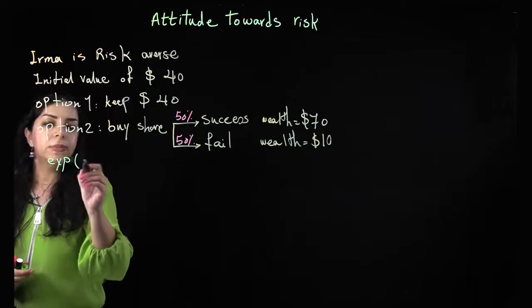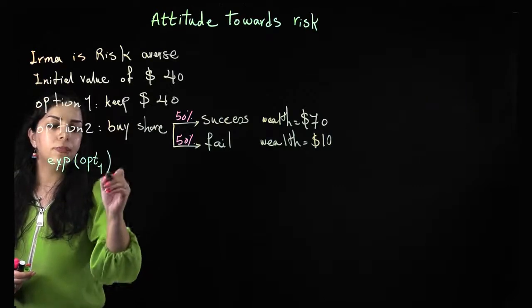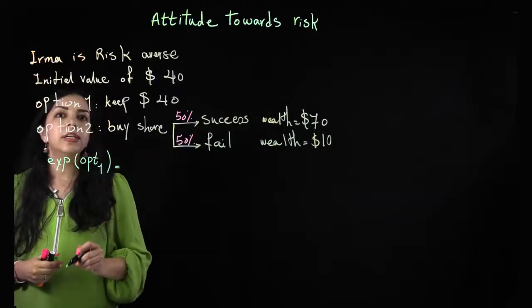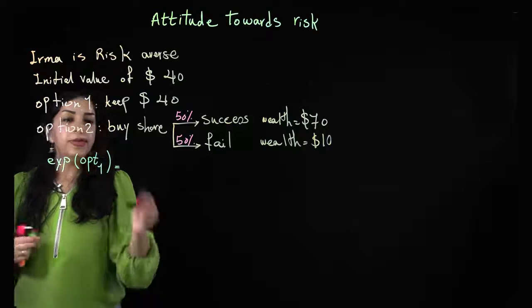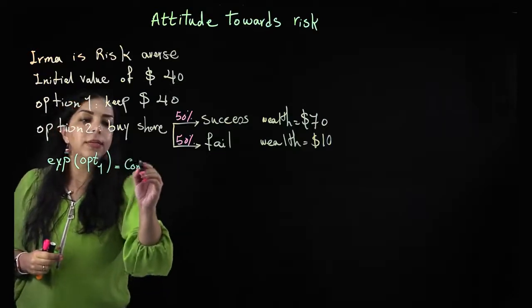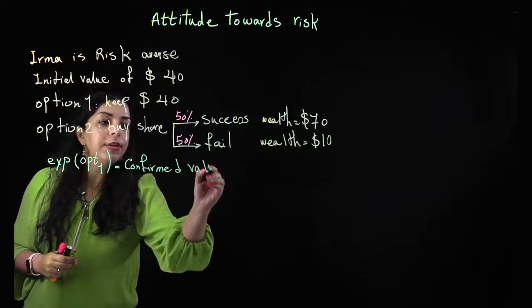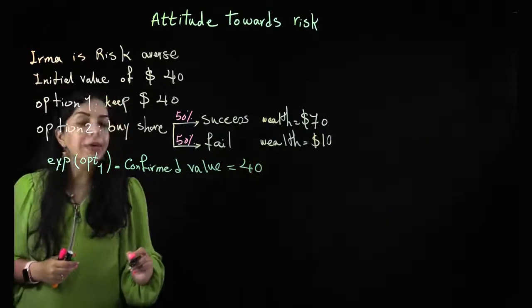I put expected value of opt1, meaning option 1. So how much is that? Expected value is exactly equal to the confirmed value because we don't have any risk, and it is exactly equal to 40 units.